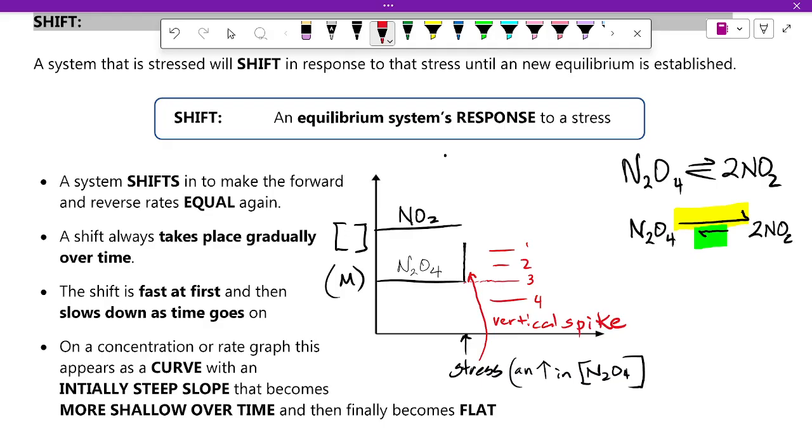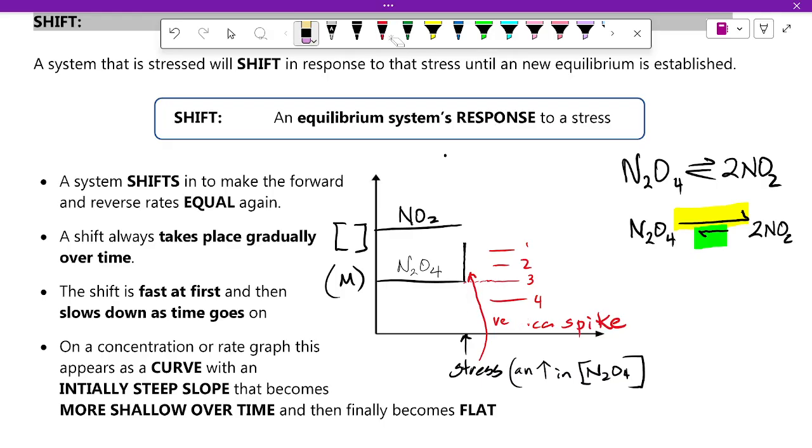It never gets back to where it started. Does it ever go past where it started? No, it never goes past where it started. It tries to get back to its original concentration, but it doesn't quite make it, okay? We'll look at mathematically why later in the unit.